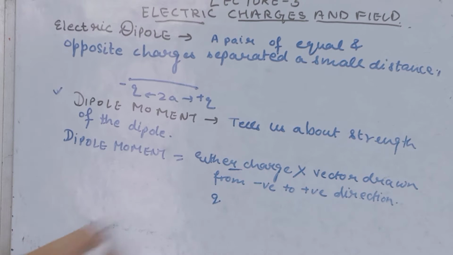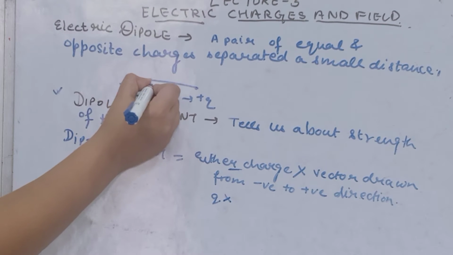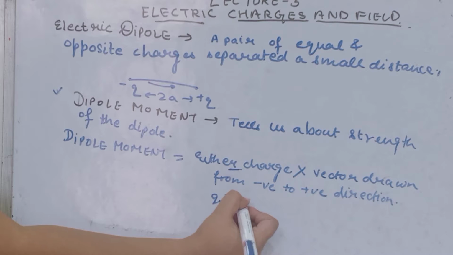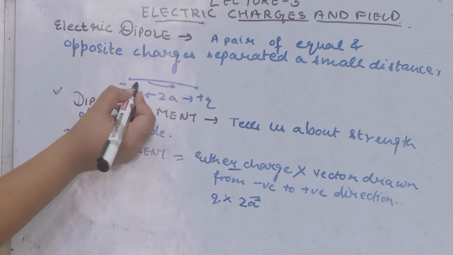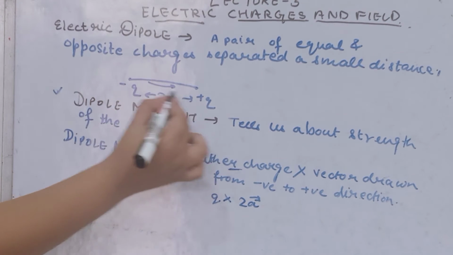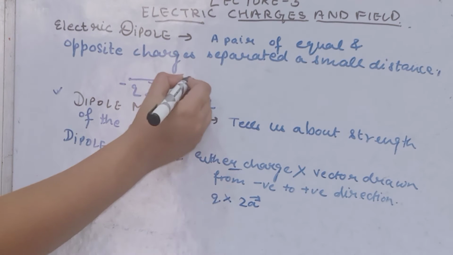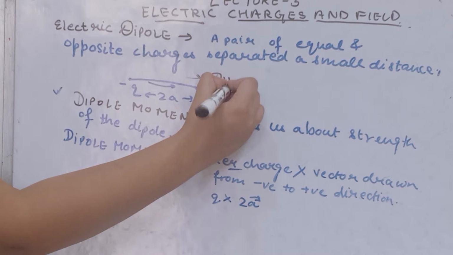Say if we are taking plus q, then q multiplied by the vector drawn from negative to positive direction, that is the 2a vector. One thing more, this line which joins the two equal and opposite charges is known as the dipole axis.